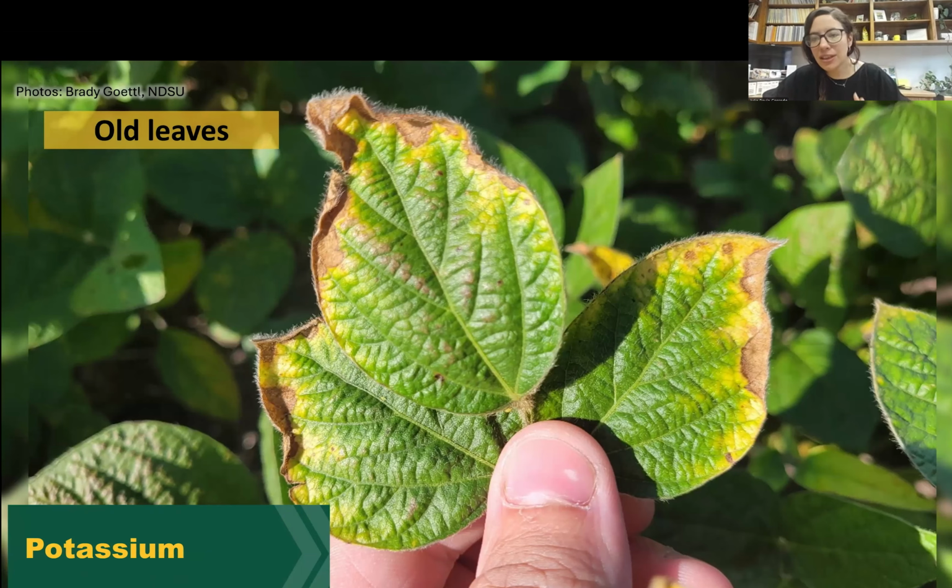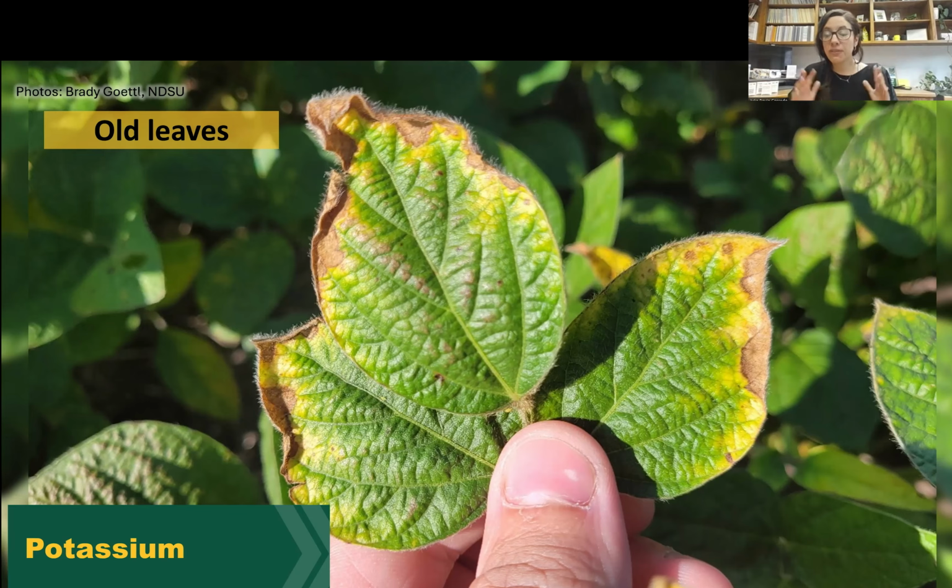If you see chlorosis coming all along the border of the leaves and it starts in the old leaves, the ones at the bottom, you're probably having a potassium deficiency. I want to highlight this because we have started to see potassium deficiency in our soybean fields all across the central part of North Dakota and a little bit towards the east as well.